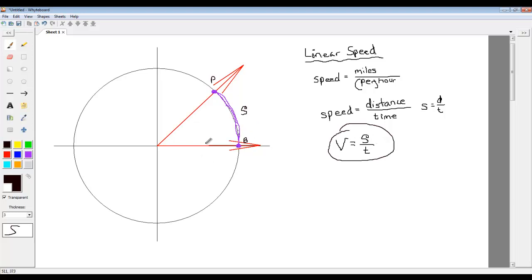Okay, but then we can also measure what's happening as far as the angles are concerned, looking at your thetas.